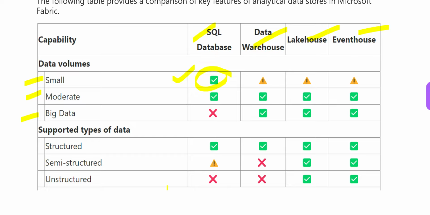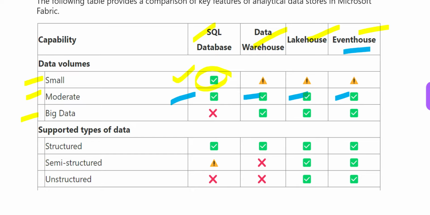If you have moderate size data, then all four will work fine. Depending on your need, all four will work fine. If you are getting a lot of real time data, you use Event House.